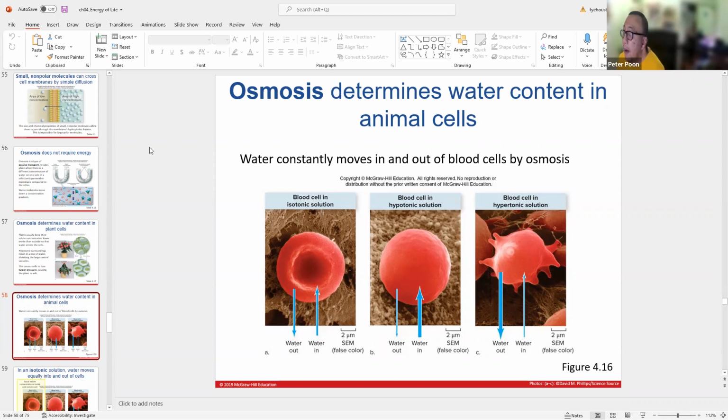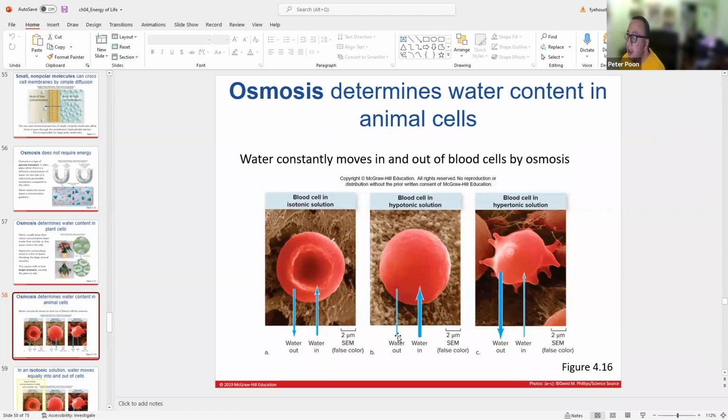Okay. The blood cell in a hypotonic solution. Hypo, less; tonic, salt. Less salt. It means more water is entering the cell than leaving, and that makes it swell. And if it stays in there too long, the cell will actually burst open.